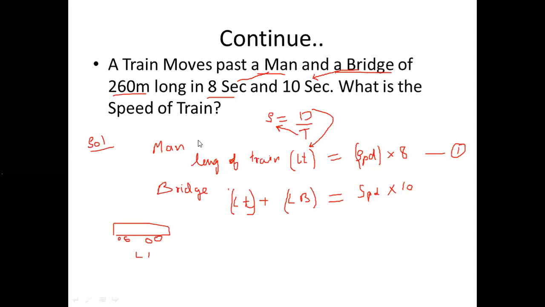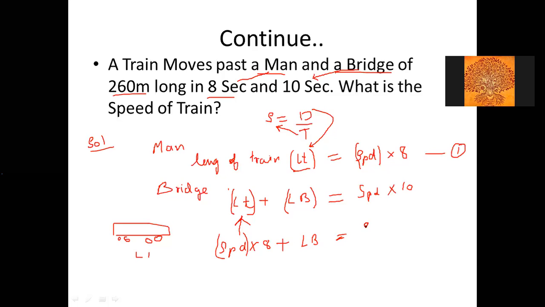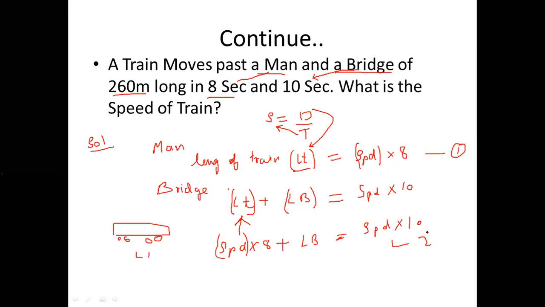Now from equation 1 you can see we have found LT. This is speed into 8. So we will substitute this value over here. So speed into 8, plus the length of the bridge, is equal to speed into 10, right? Let us give this equation 2.